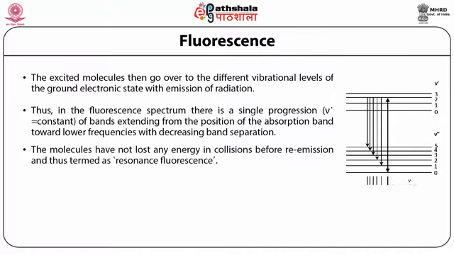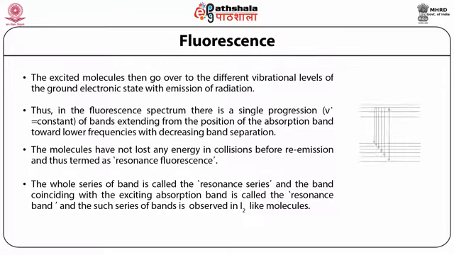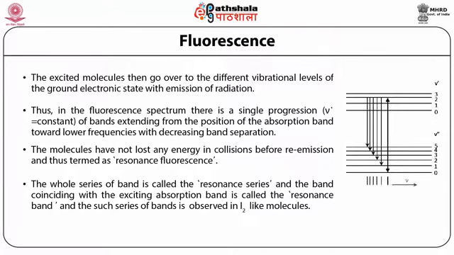The molecules have not lost any energy in collisions before re-emission and thus it is termed resonance fluorescence. The whole series of bands is called the resonance series, and the band coinciding with the exciting absorption band is called the resonance band. Such a series of bands is observed in iodine-like molecules.